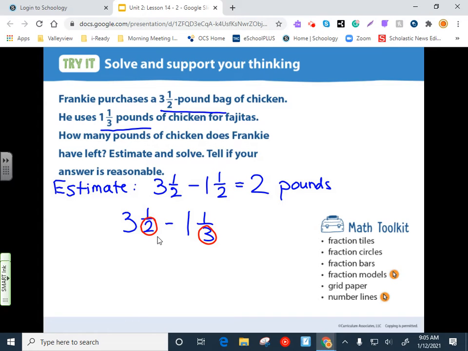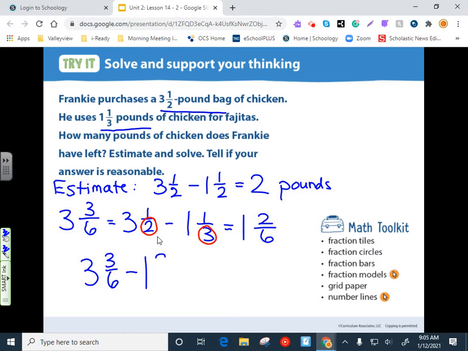So what I'll do over here is this becomes 3 and something over 6. Over here, this becomes 1 and something over 6. 2 times 3 is 6. 1 times 3 is 3. 3 times 2 is 6. 1 times 2 is 2. So now we have 3 and 3/6 minus 1 and 2/6.